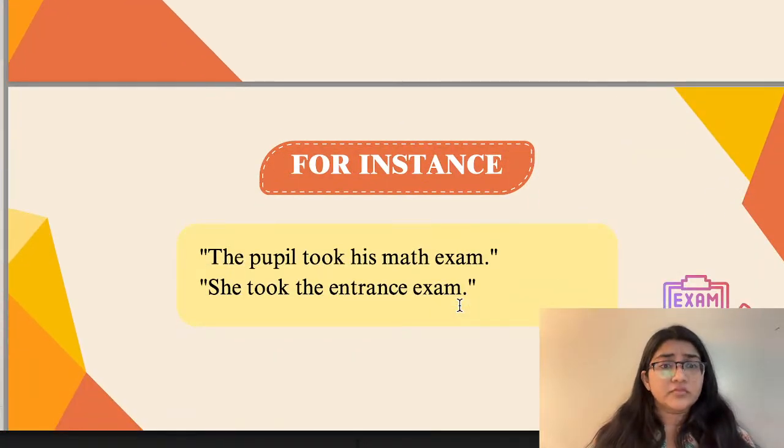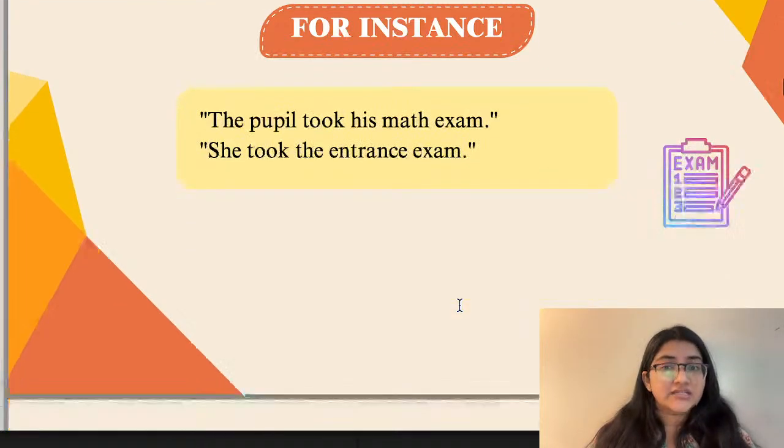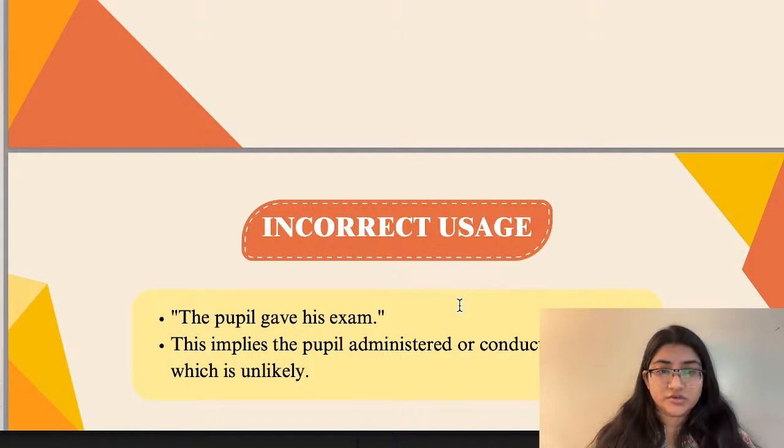But if your teacher is giving you an assignment or let's say a test, then she's actually giving you an exam and you are taking it. So that's the difference. I think people get confused here. But you as a student, as a learner, take a test, and I as a teacher will give you a test.